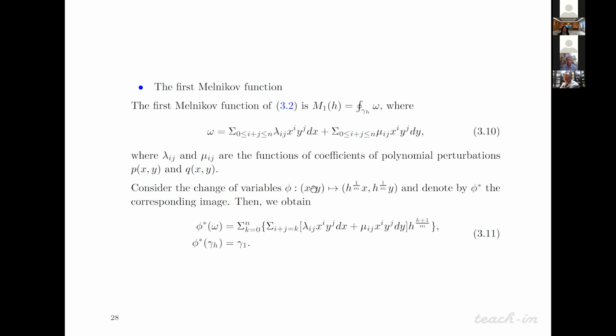Since H is homogeneous, we can use a change of variable like this to map the orbits gamma h onto gamma 1. We can do this because this kind of variable change takes all gamma h to gamma 1.